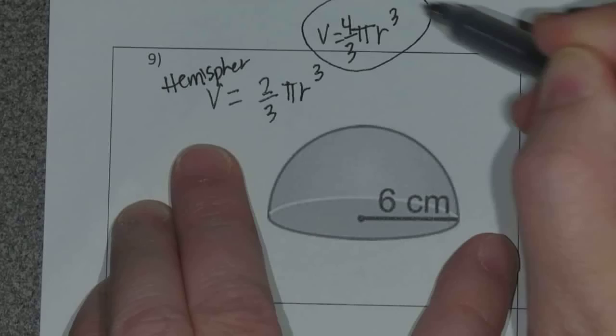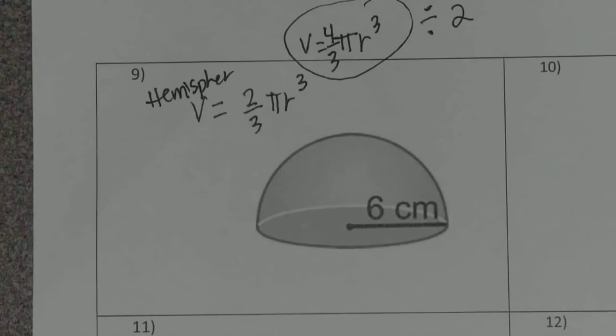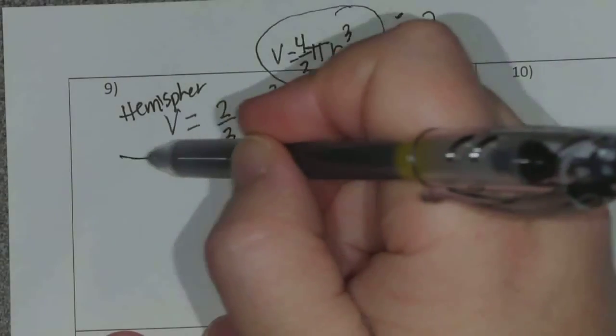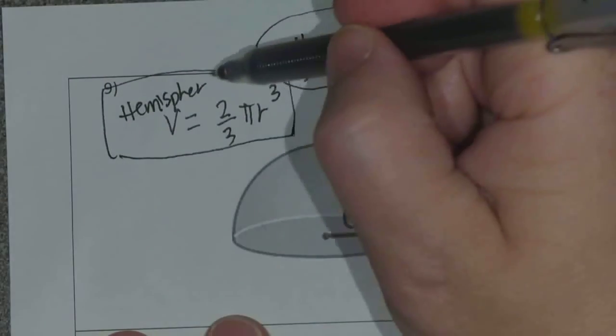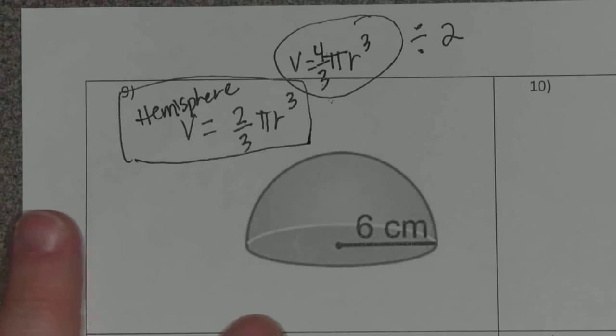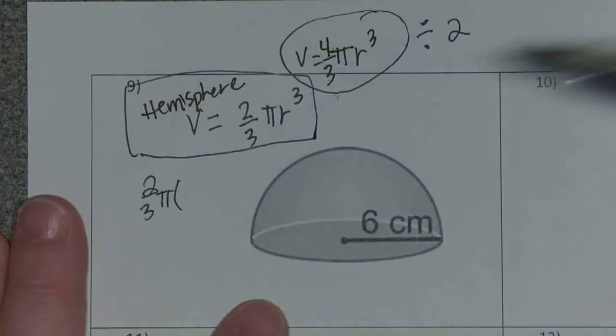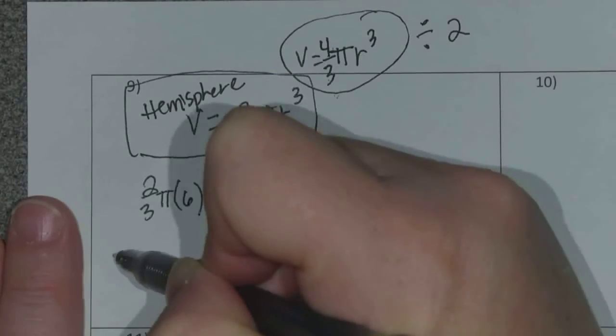Or you could have done this whole thing and divided your answer by 2. But really you can use this formula for a hemisphere because we can just take that number and divide it by 2. So you're going to go 2/3 pi times 6 cubed.